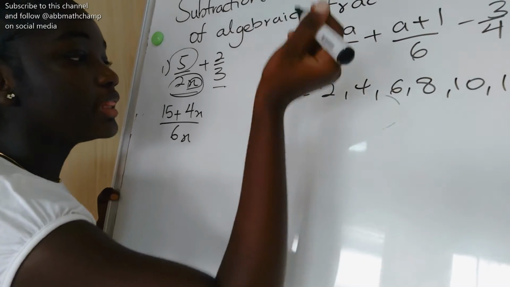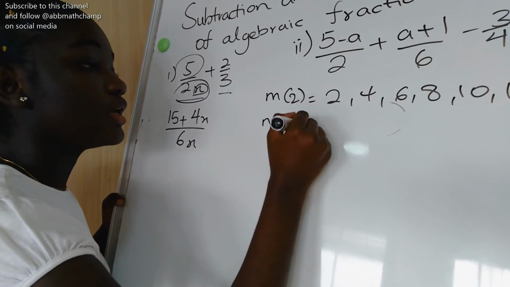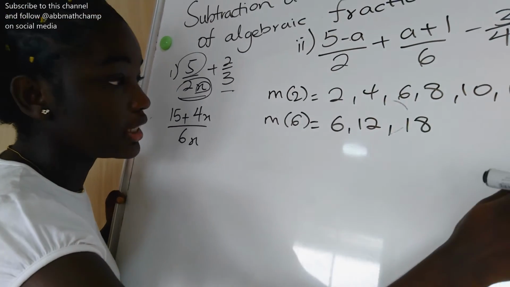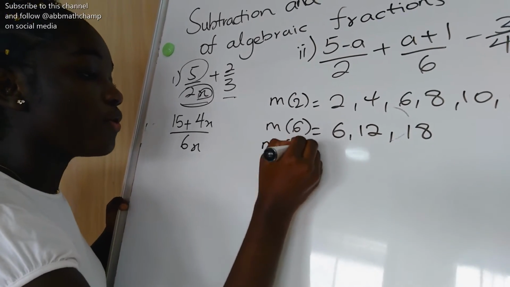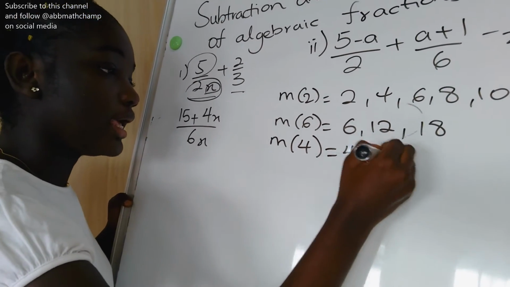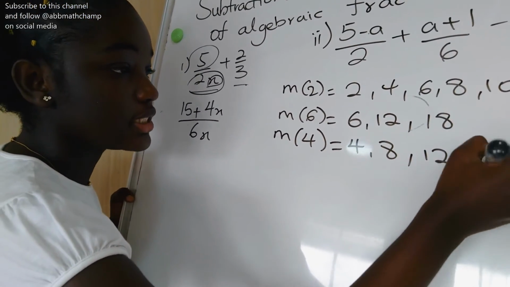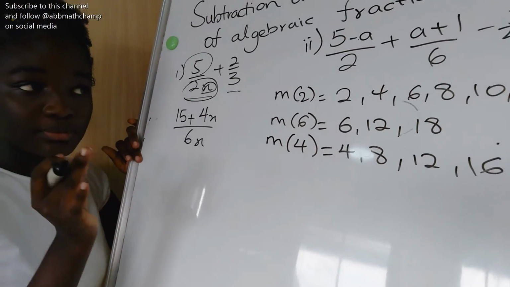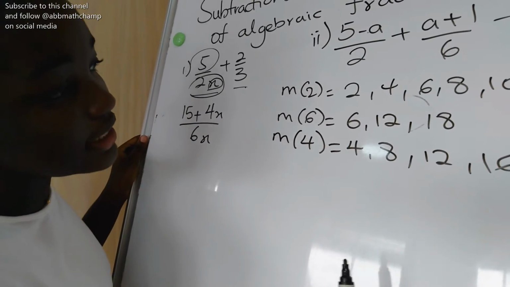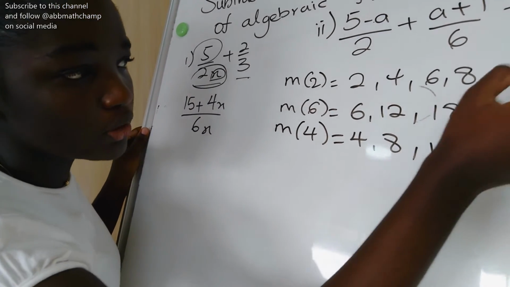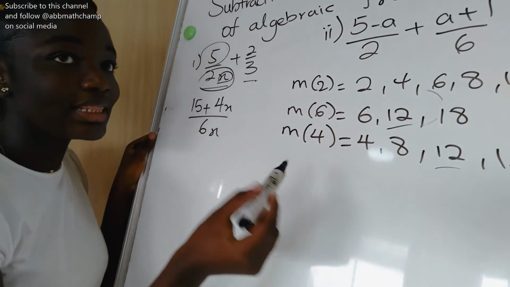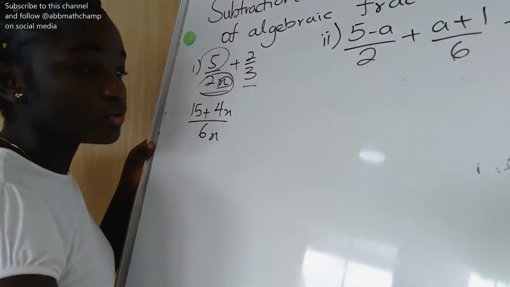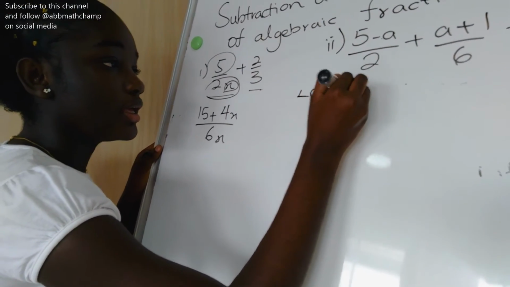The multiples of 6 are 6, 12, and then 18. The multiples of 4 are 4, 8, 12, and 16. It goes on and on. Then let's find the least common multiple. We can see that 12 is common to all, and that's the least. So the LCM of 2, 6, and 4 is 12.